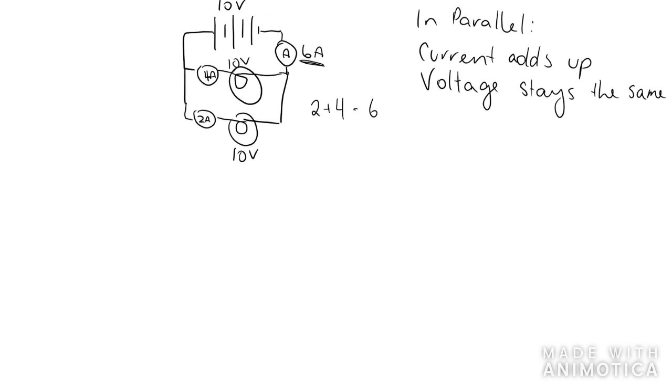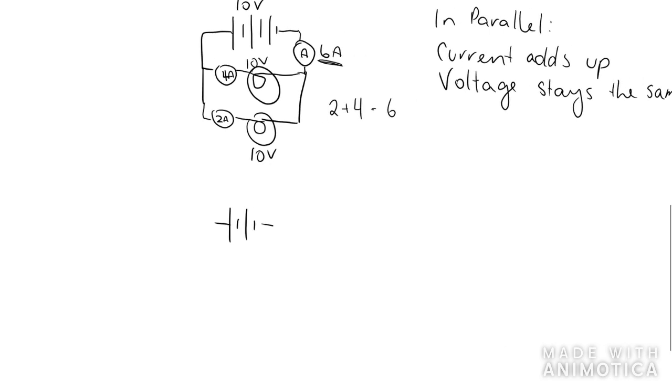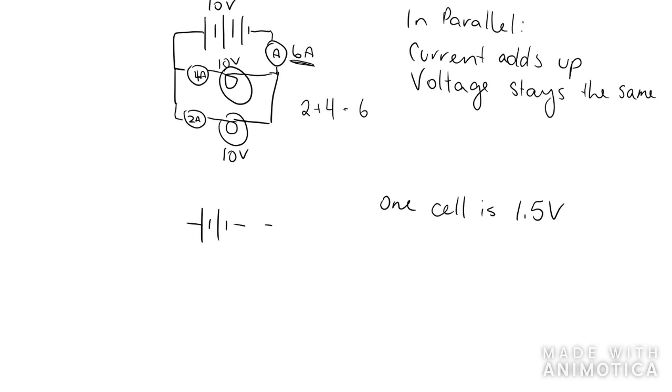So this is also telling depending on how we have our cells. If you have 2 cells in series, usually one cell typically is 1.5 volts. So if we have 2 cells in series, this is going to be the same as 1.5 plus 1.5, which will give us 3 volts.